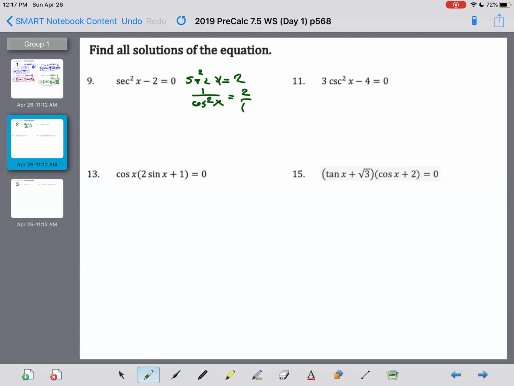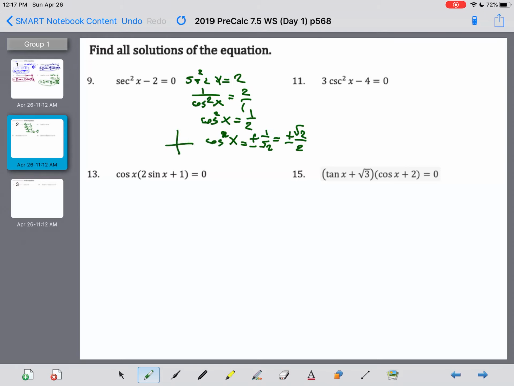I'm going to flip both sides, so I'm going to get cosine squared equals 1/2. And I'm going to square root. And when I square root this, I'm going to get cosine x equals plus or minus 1 over root 2, but that equals plus or minus root 2 over 2.